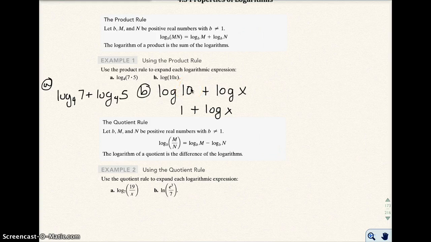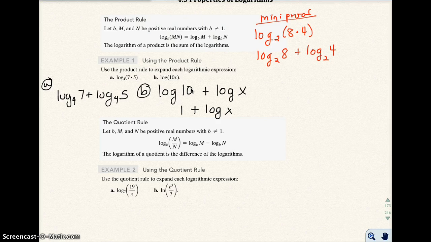Log base 10 of 10, well, 10 to the first power is 10. Some students ask me, how do I know this is true? Let me give you a little mini proof. If I have the log base 2 of 8 times 4, according to this, it's the same thing as log base 2 of 8 plus log base 2 of 4. Well, this would be equal to 3, because 2 to the third power is 8.